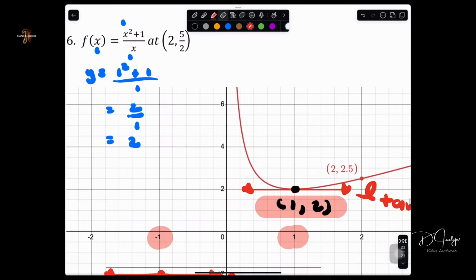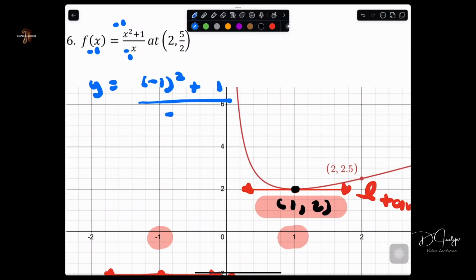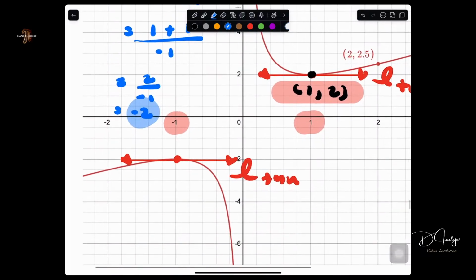Similarly, if you plug in now negative 1, wherever there's an x, negative 1 squared plus 1 over negative 1 gives you 1 plus 1 over negative 1, which is 2 over negative 1, and this is negative 2 now. So you got the y coordinate value being negative 2.